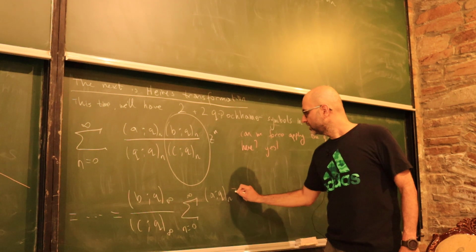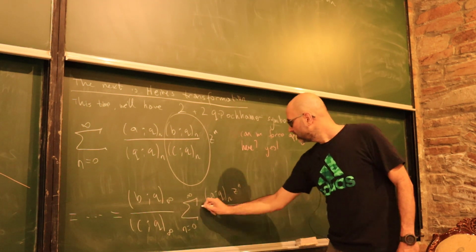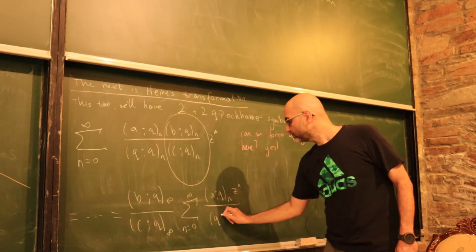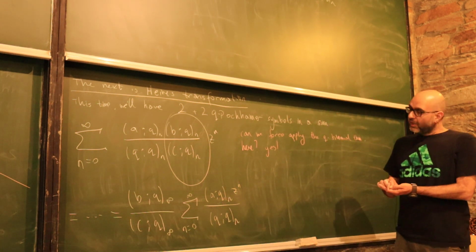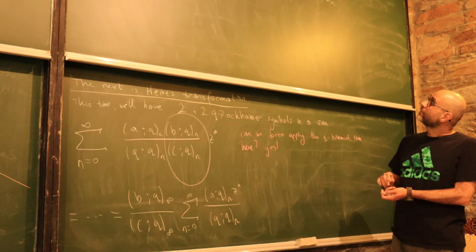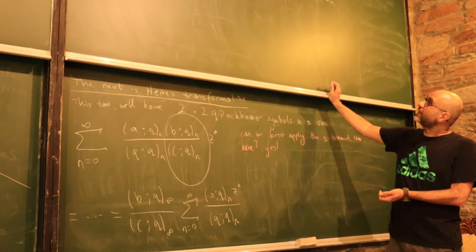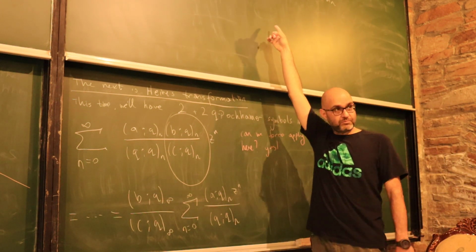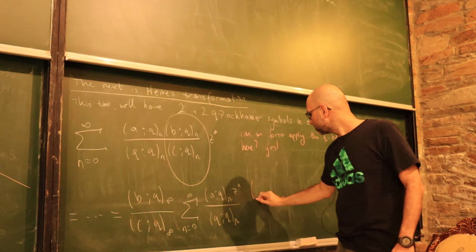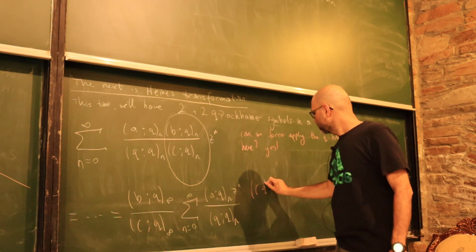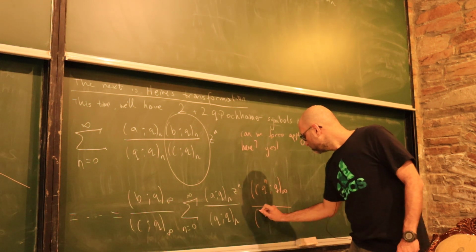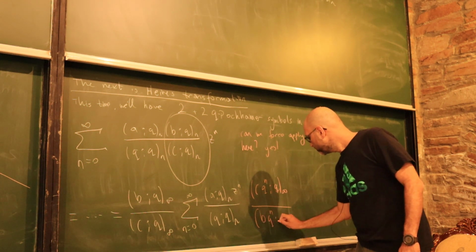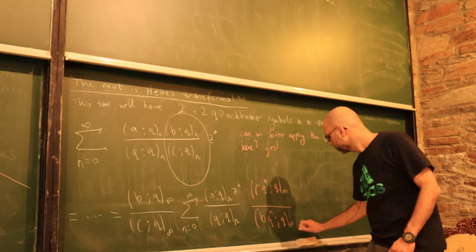(a; q) sub n, z to the n, divided by (q; q) sub n. And what are the remaining factors? The ones boxed in pink: (cq^n; q) infinity, (bq^n; q) infinity.